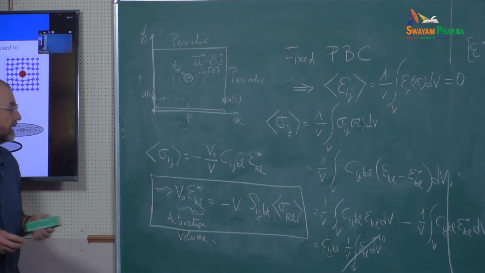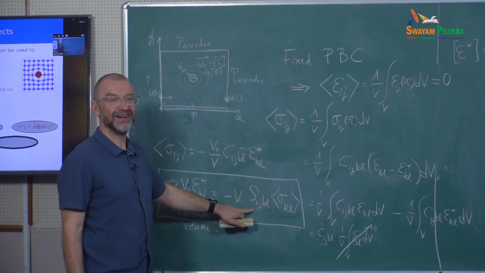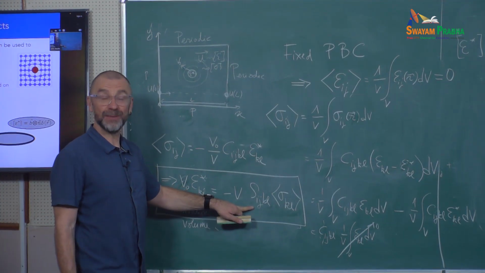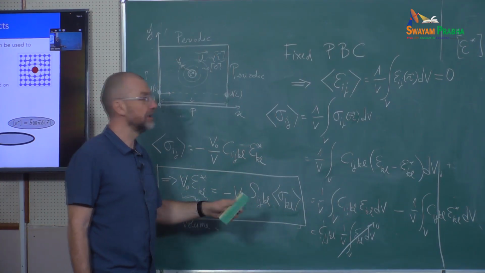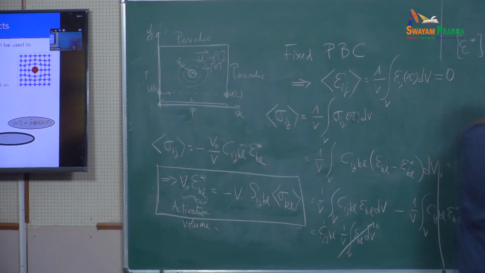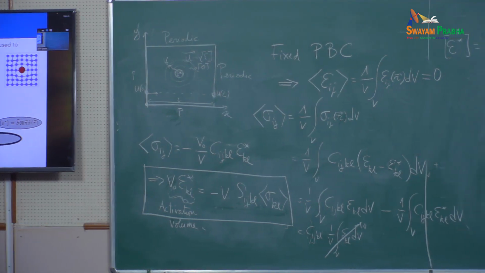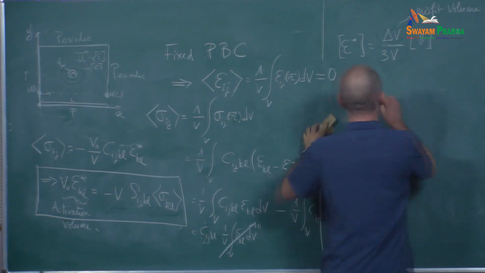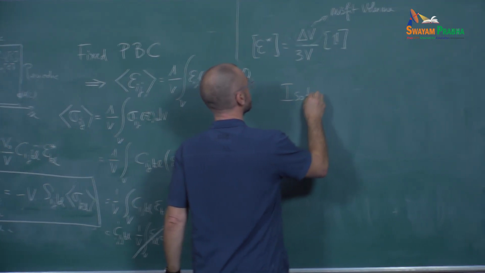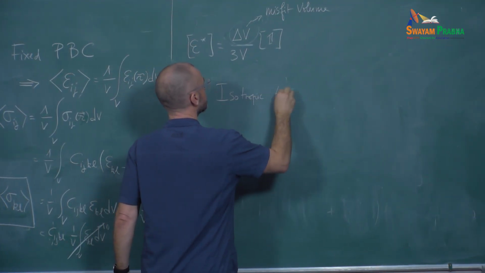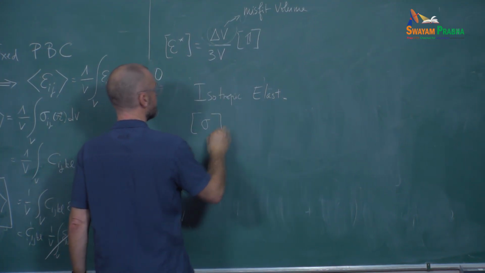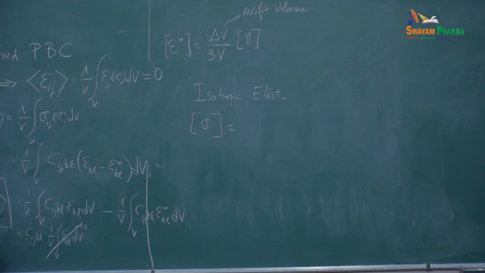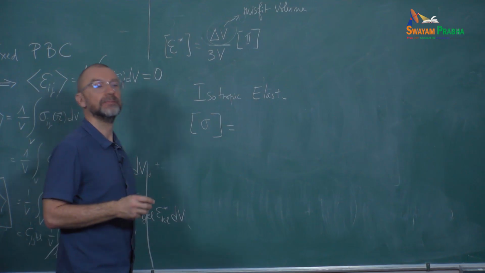Okay, that works. Now if I'm using isotropic elasticity, actually this expression here is very simple. What's Hooke's law in isotropic elasticity? What does Hooke's law tell me? It tells me that sigma is equal to, say it again?